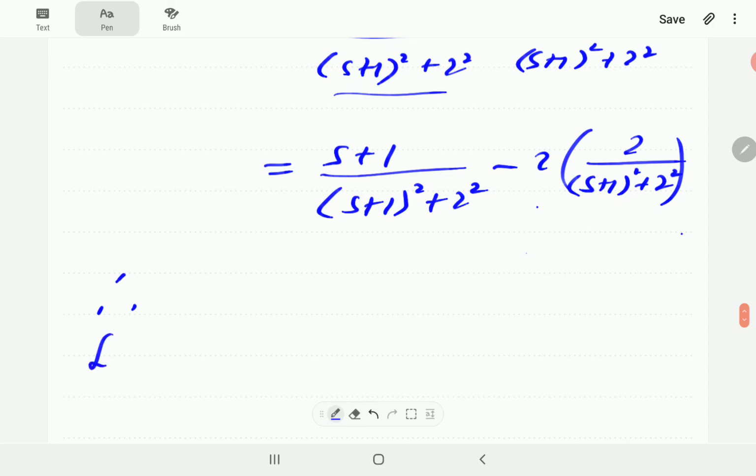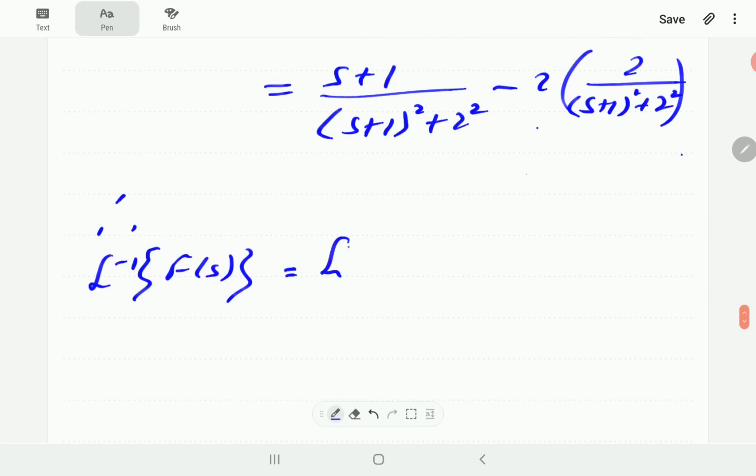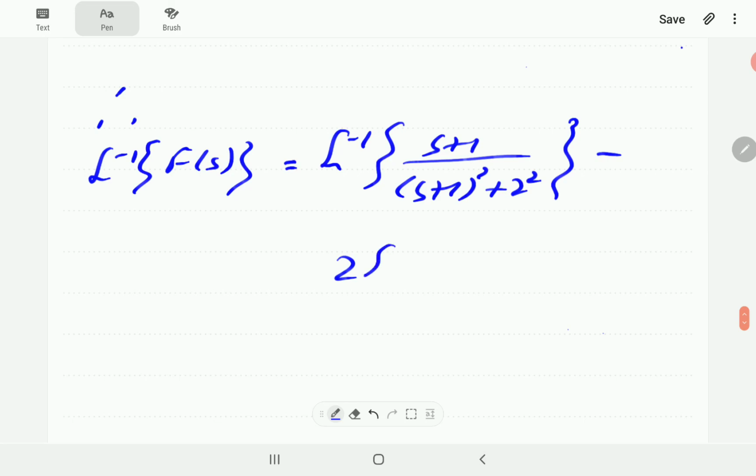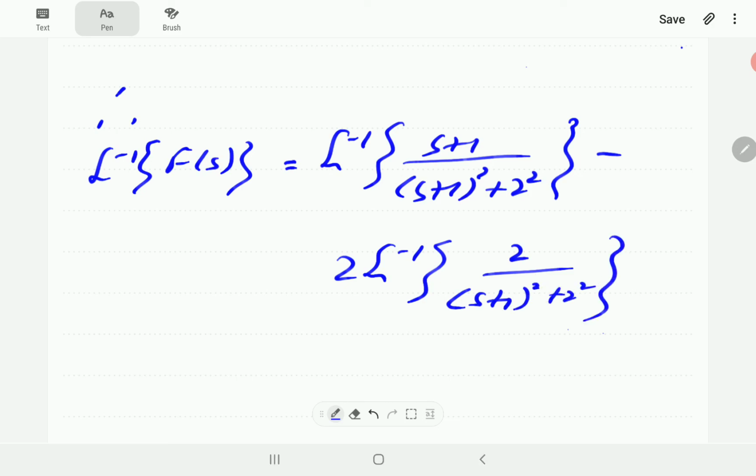So then the inverse Laplace transform of f of s is going to be equal to the inverse Laplace transform of s plus 1 divided by this, then minus 2 times the inverse Laplace transform of 2 over s plus 1 squared plus 2 squared.